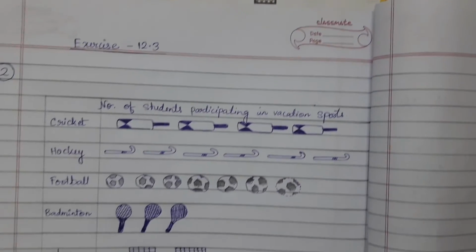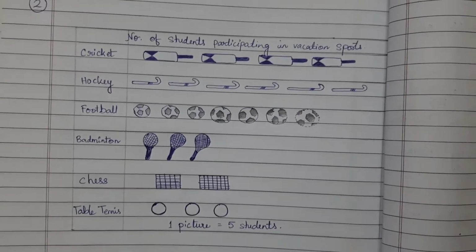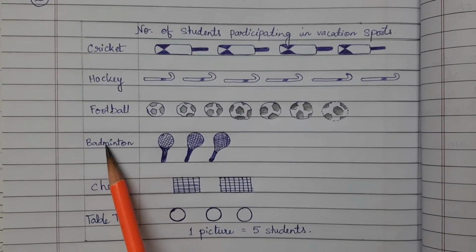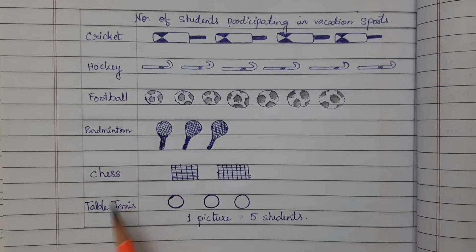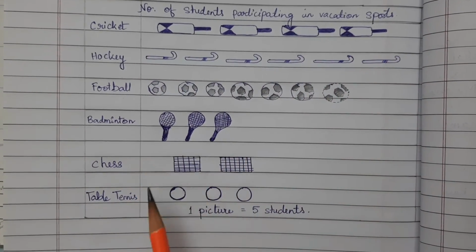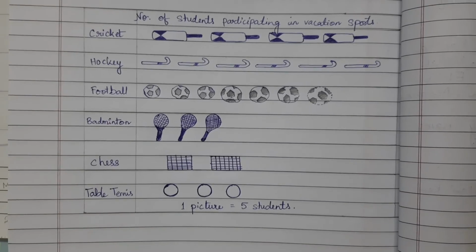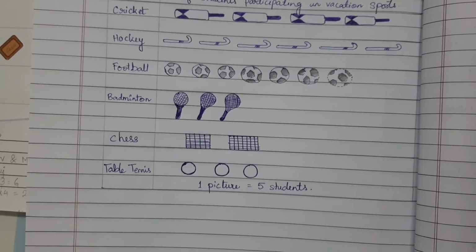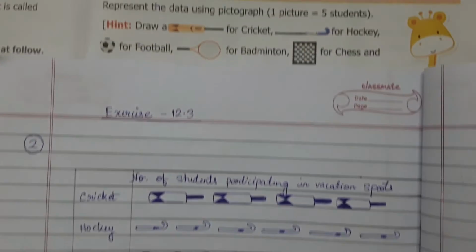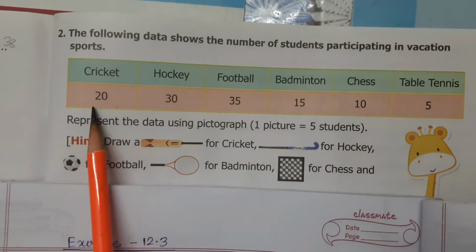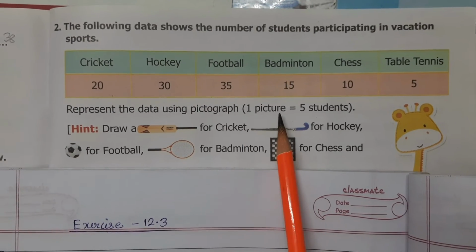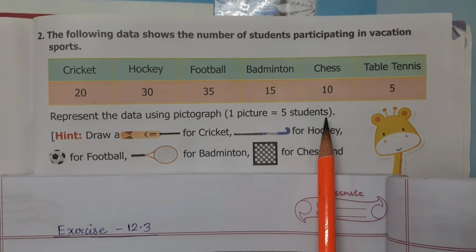You can see that here I have made one pictograph where various sports names are there. Number of students participating in vacation sport. So these symbolic representations will represent the number of students. So children, for cricket you can see that there are 20 students, and here you know that one picture will represent 5 students.